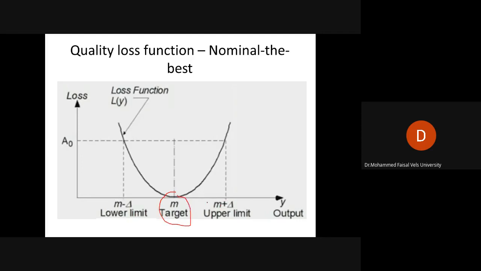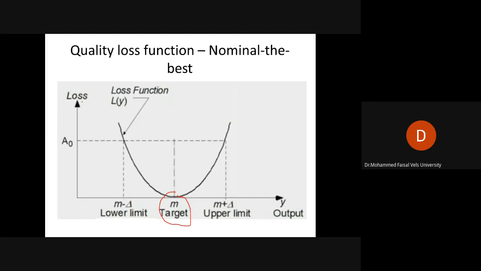Then mean plus upper limit. Similarly, the same concept, but like a U-shape. This function is like a U-shape function where we talk about the upper limit minus target, then target minus lower limit. This is the loss function.